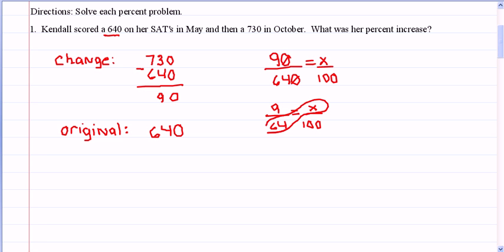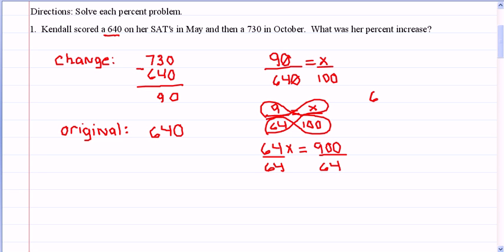So 64 times x is 64x. 9 times 100 is 900. I divide both sides by 64.